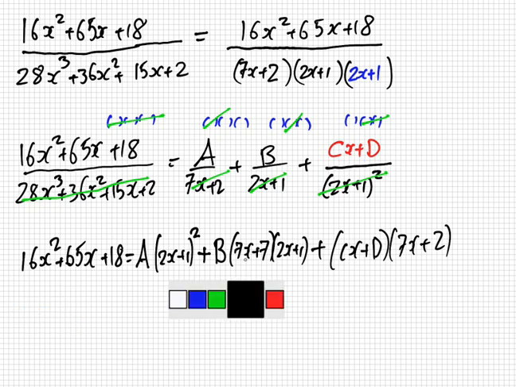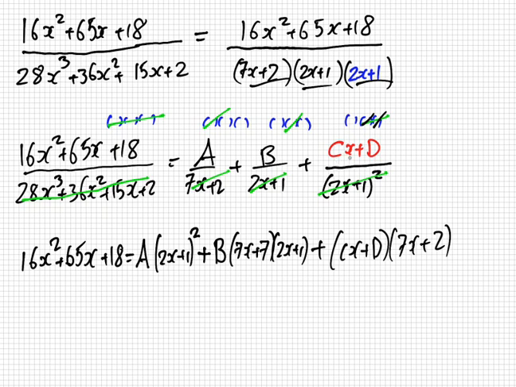Which one are we talking about? First, second, or third? It should have 7x plus 2 only, because this cancels two factors because of the square. These three brackets here are these three here. So the square cancels the back two.